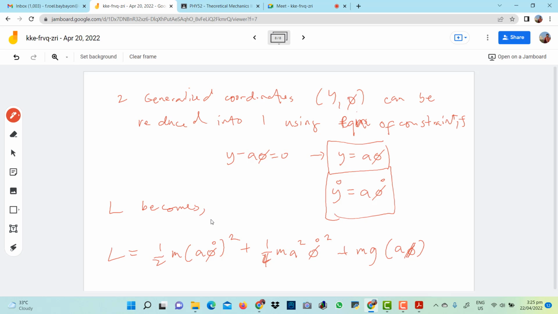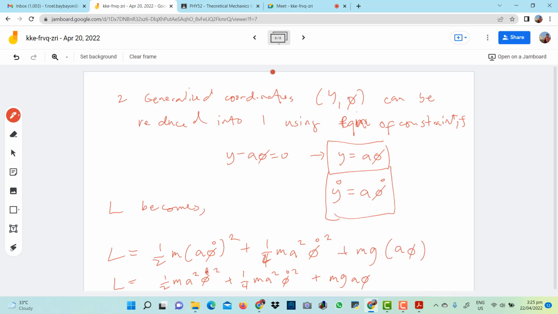So in this case, you can now reduce the generalized coordinates, instead of two in terms of y and phi, you have only one, which is just a function of phi. If you simplify this, we have 1/2 m a squared phi dot squared plus 1/4 m a squared phi dot squared, and the last one is mg a phi.